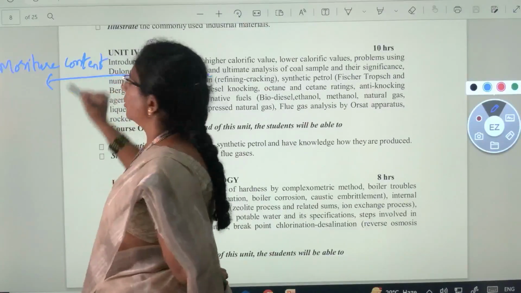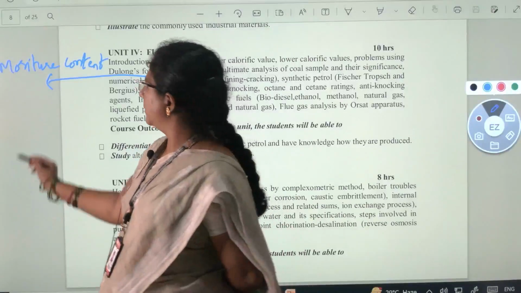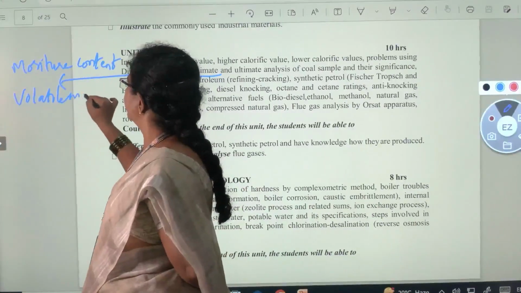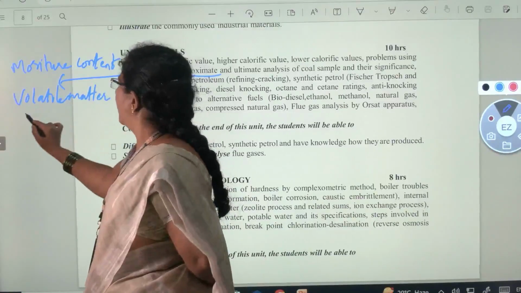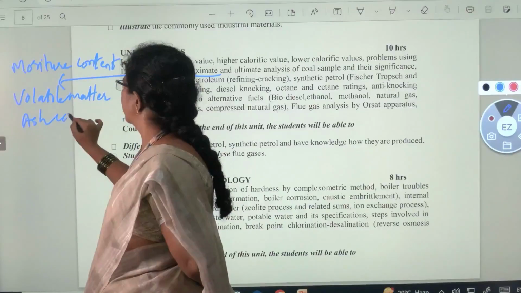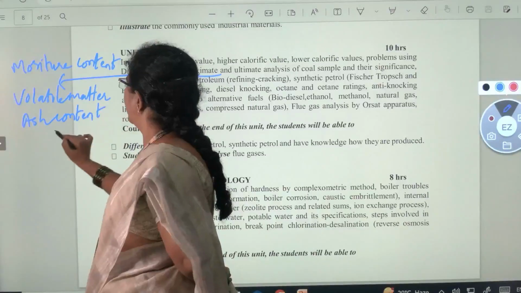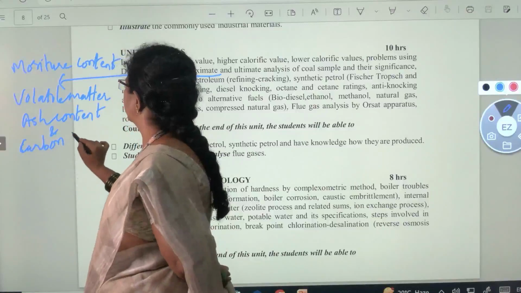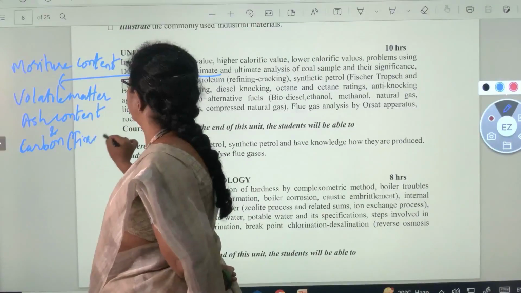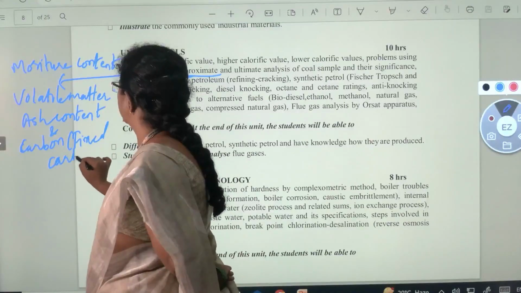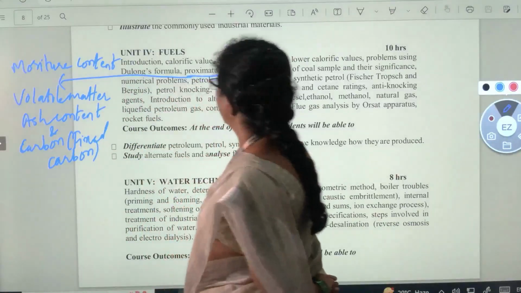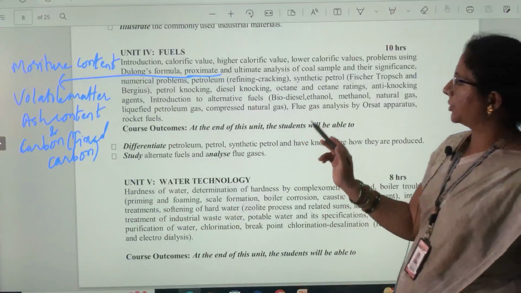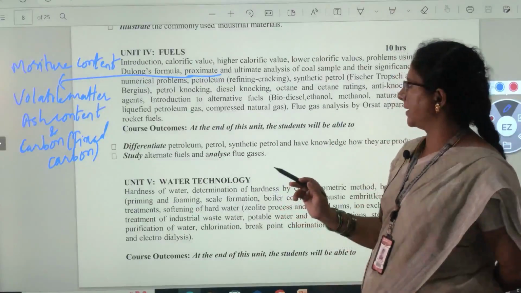We will analyze the amount of moisture content in the given coal sample. We will estimate the amount of volatile matter, amount of ash content, and carbon content, that means fixed carbon. So using proximate analysis we are going to analyze the moisture content, volatile matter, ash content and the fixed carbon in the given coal sample.